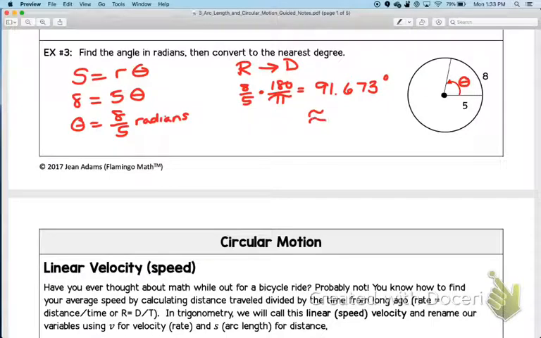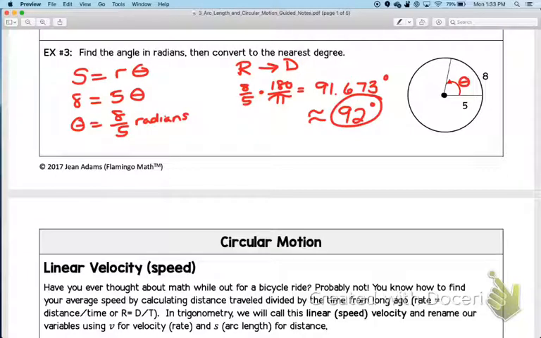It's asking you to go to the nearest degree, so about 92 degrees would be your answer there. Okay? Alright, so arc lengths and radians. Whenever you're using that very simple formula, the catch is theta needs to be in radians.